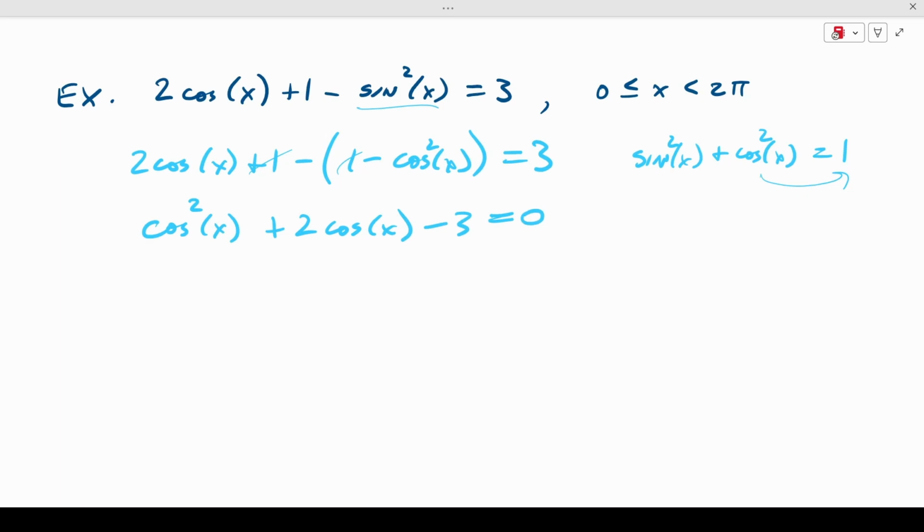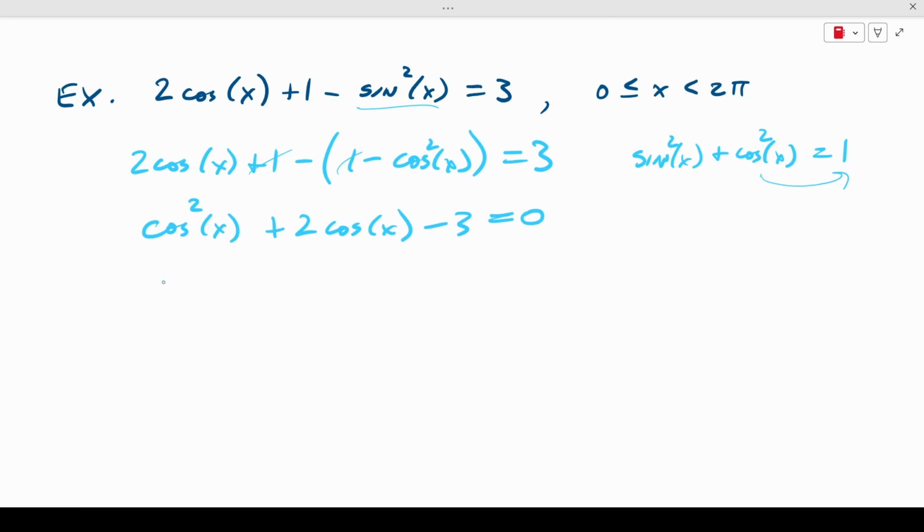And now I'm factoring, right? If I wanted to, I could say let u equal cosine of x, and I'd have u squared plus 2u minus 3 equals 0, and I would go ahead and use the techniques from Math 10, I guess it is, maybe even Math 9, depending on your teacher.